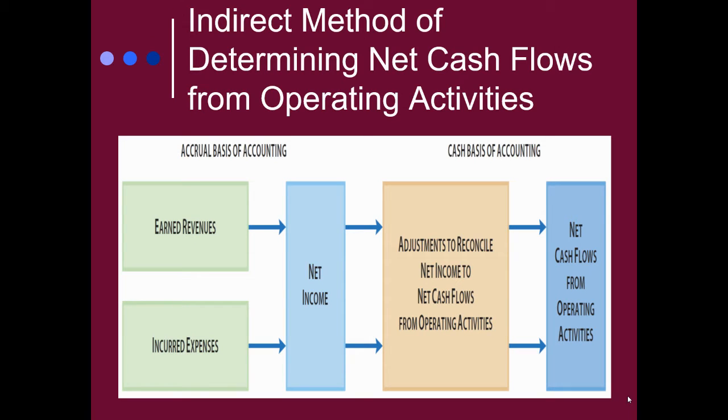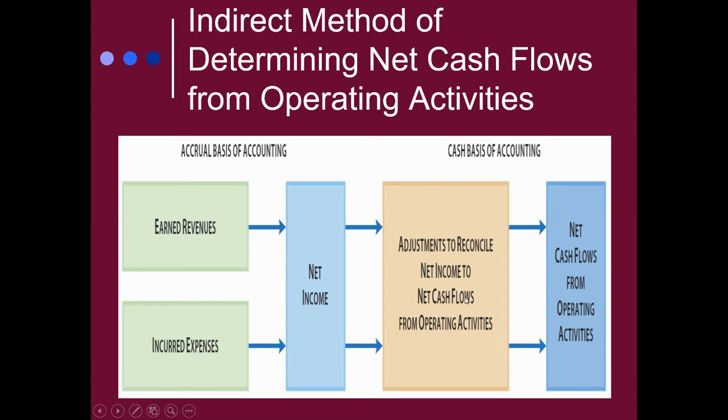So from the accrual basis accounting, we're now going to change it into the cash basis of accounting. We'll start with information from the net income, the basic information that we'll use. We'll take the net income and then adjust it to the net cash flow from the operating activities.